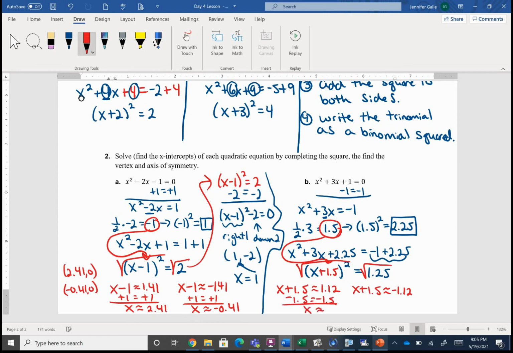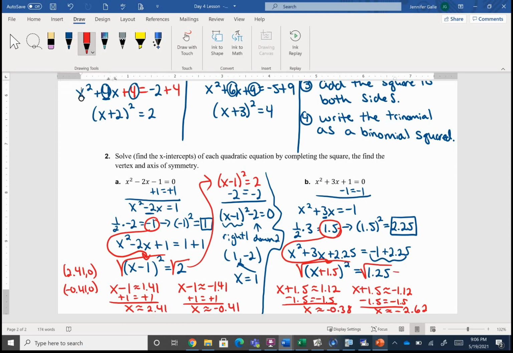X is roughly, let's see, 1.12 minus 1.5, negative 0.38. And then squeezing it in on the bottom there, negative 1.12 minus 1.5, negative 2.62. Again, those would be your x-intercepts.